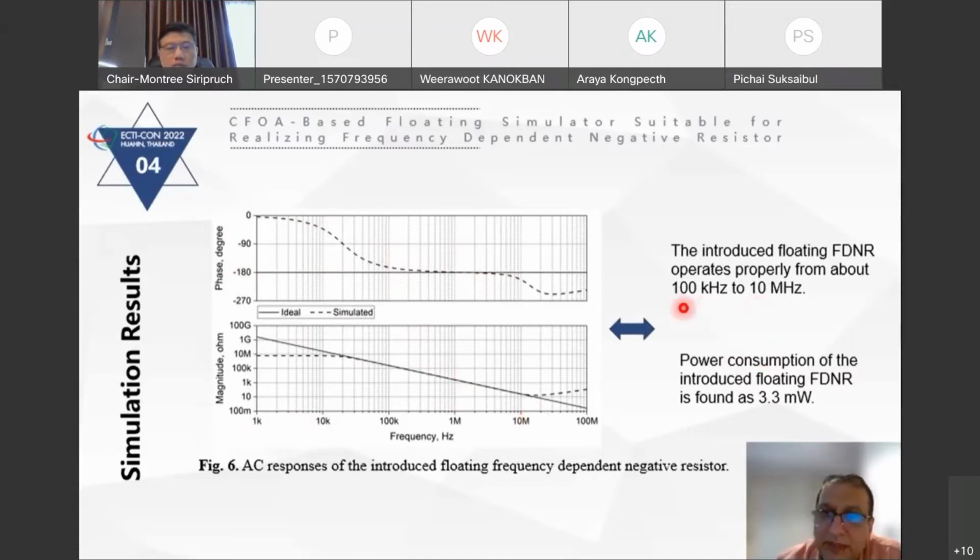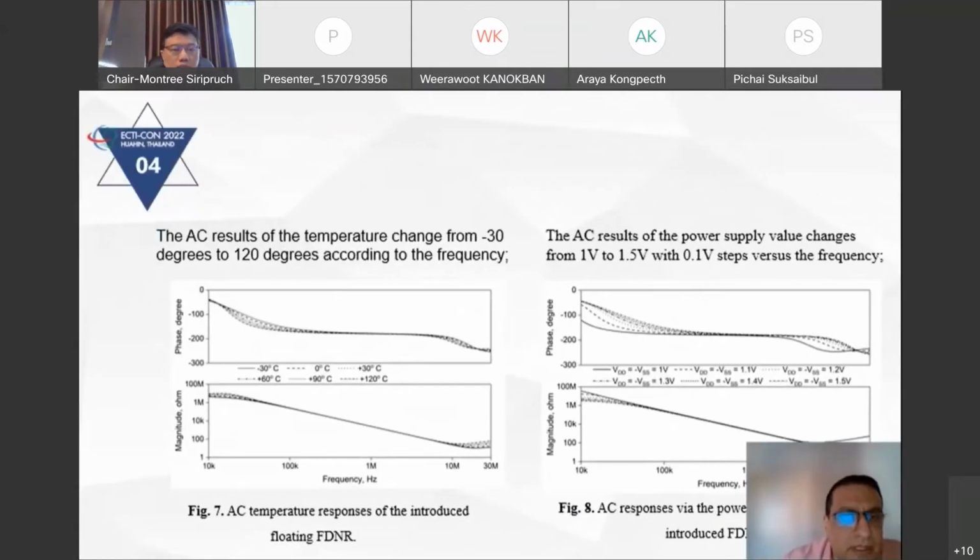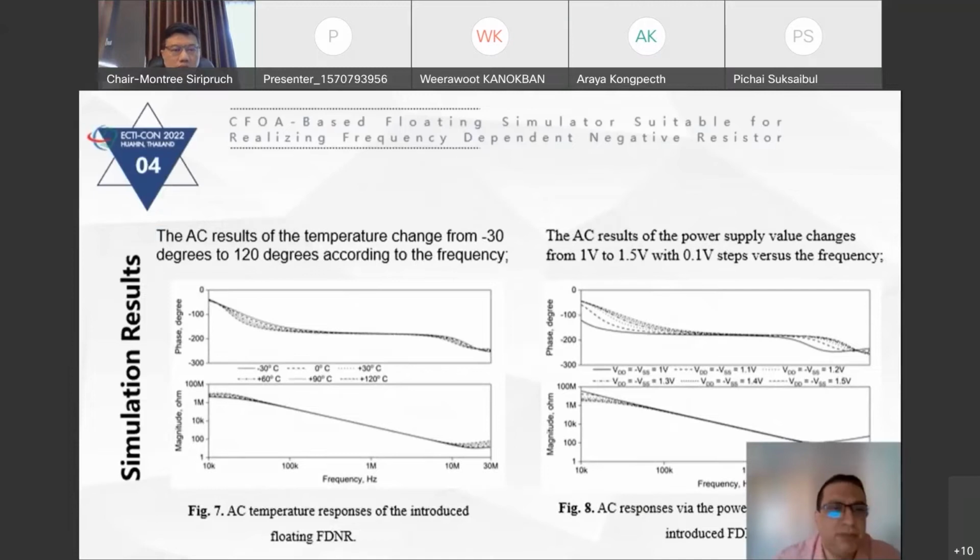And so we can say that our circuit works well between 100 kHz and 10 MHz. The power consumption is around 3.3 milliwatt. In addition, the performance of our circuit with respect to the change of temperature, for example, from minus 30 degrees to 120 degrees.